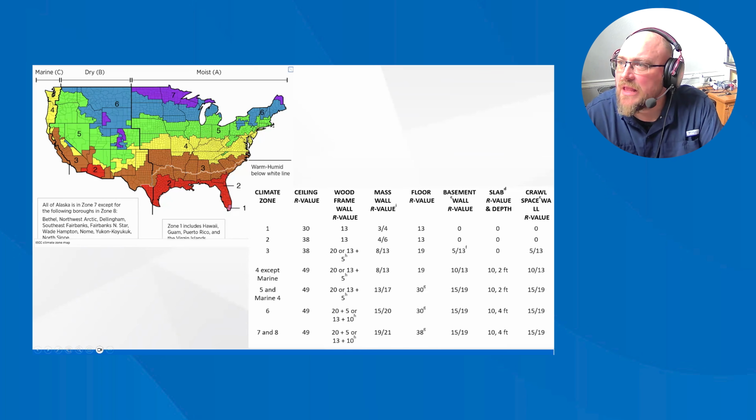So the amount of insulation or R value needed in a home will depend on its climate, type of heating and cooling system, and the particular part of the house where the insulation is installed. The U.S. Department of Energy has recommendations for new and existing homes in relation to R value.